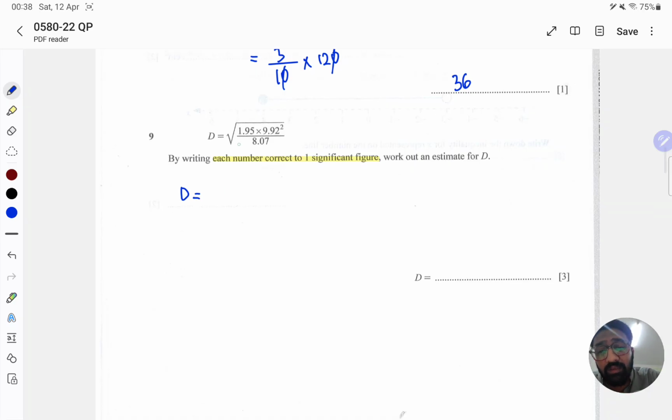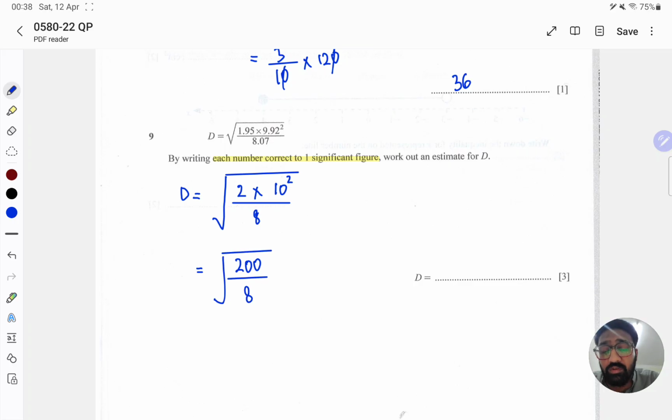So if I write down 1.95 into one significant figure, that is 2. If I write down 9.92 into one significant figure, that is 10 power 2, divided by 8.07 into one significant figure, that is 8. So square root on top. If I simplify it, it's 2 times 100, which is 200, divided by 8, and there is a square root as well.